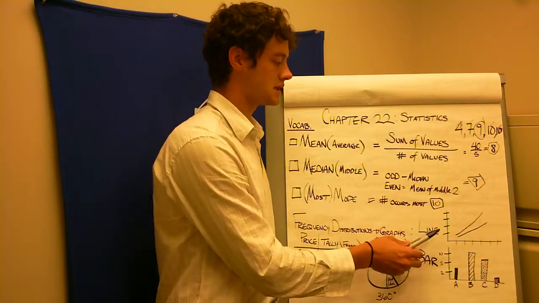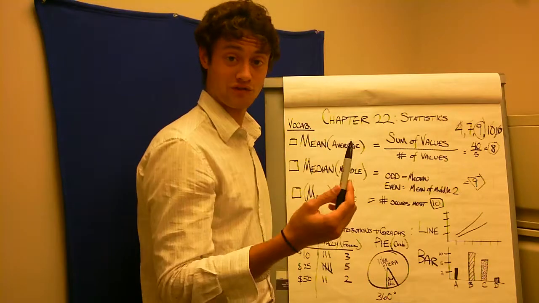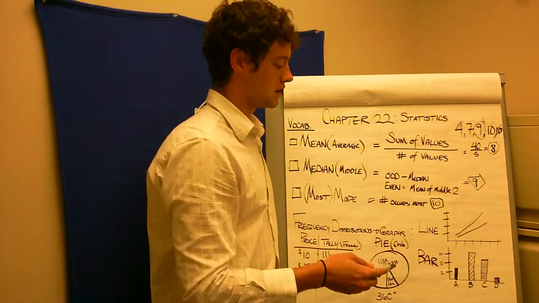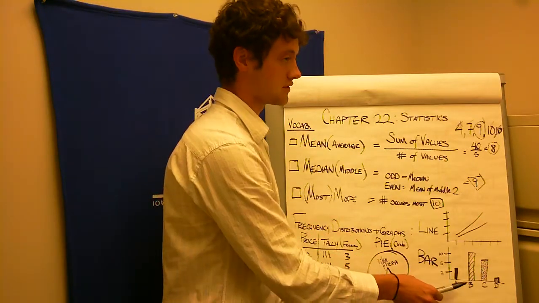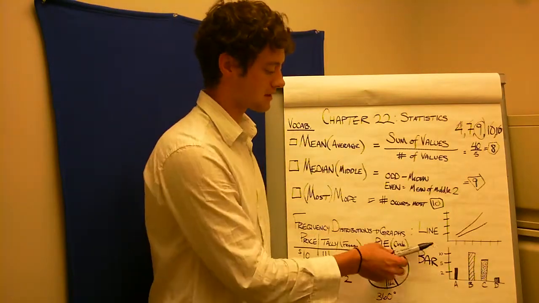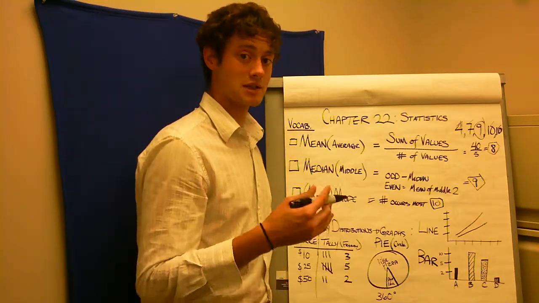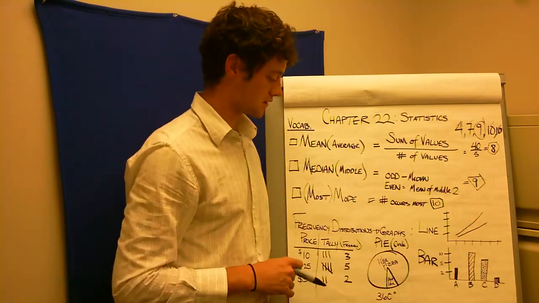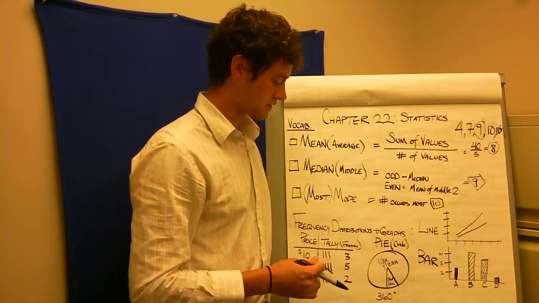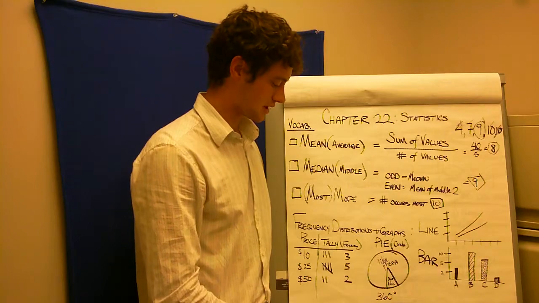Line charts basically show over time, so you're looking at your revenues increasing hopefully over time. Your bar chart is maybe specific units that you sold and the amount that they sold. Pie charts, remember it's out of 360 because the circle is 360 degrees, and then your frequency chart just helps you see the numbers in a different format.